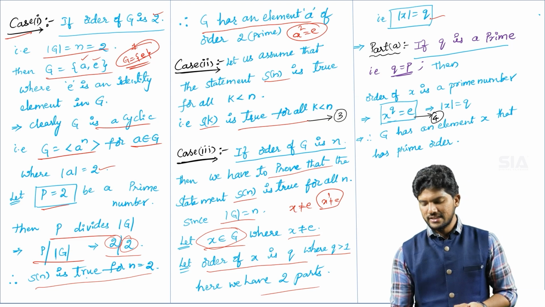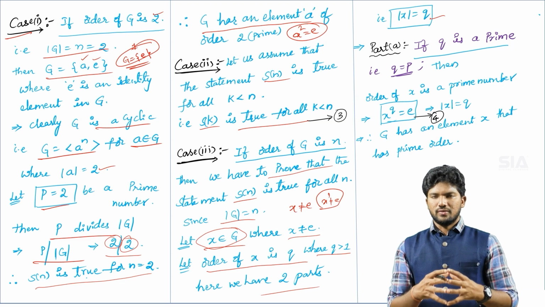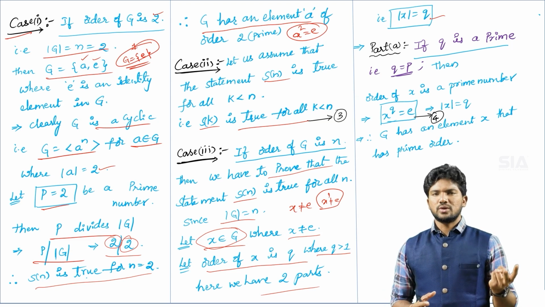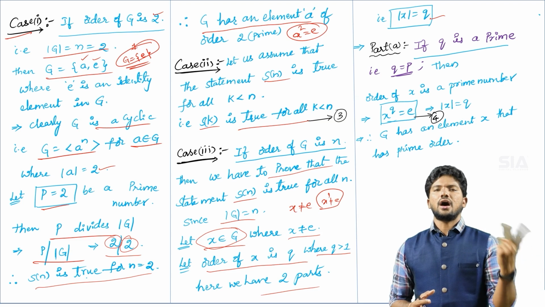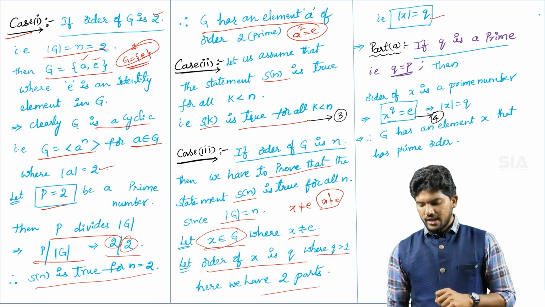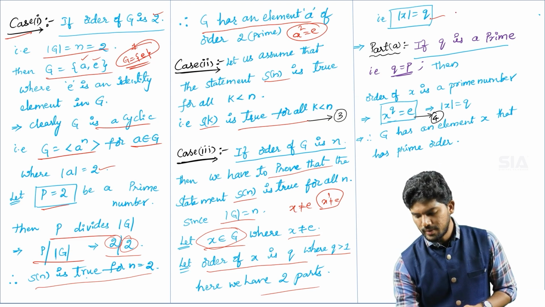The first part is part A. The order of the element we took is q. If that order is a prime number, we have two possibilities, either a prime number or a composite number or an integer. So part A, if q is a prime number, that means q is equal to p. This q is the order of x.